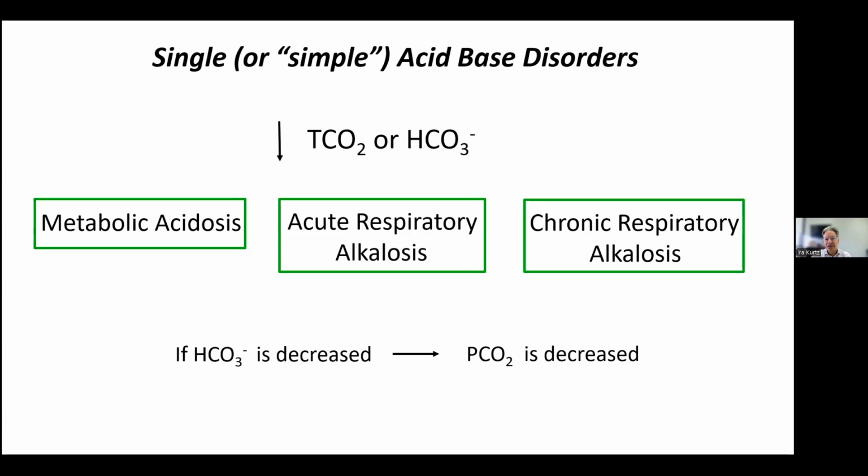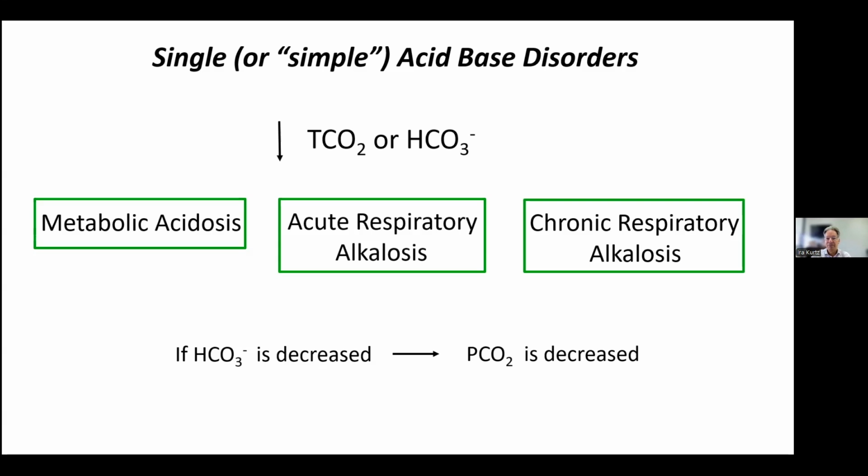If it's decreased, then 3 out of the 6 acid-base disorders could be present. It's either a metabolic acidosis or an acute respiratory alkalosis or a chronic respiratory alkalosis. And these are the names you should give the 3 acid-base disorders. Don't use the term primary or secondary, and don't just say respiratory alkalosis.